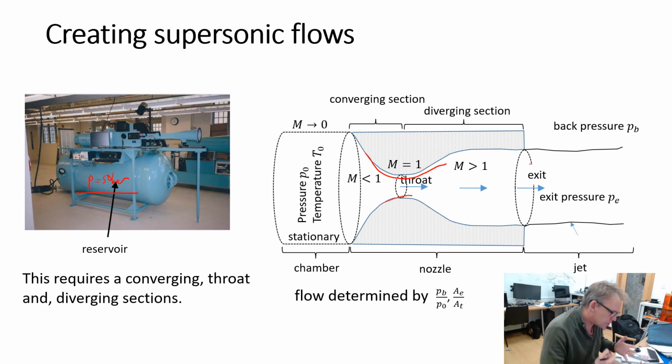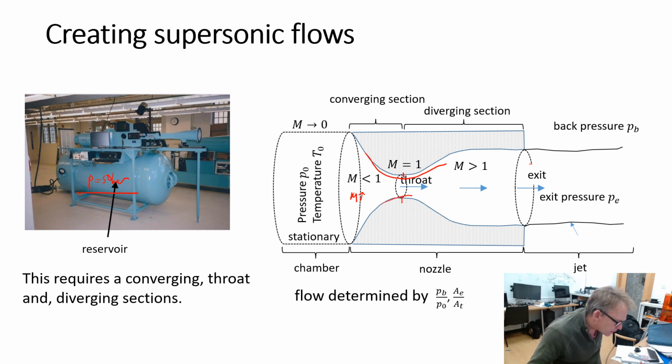But in order to cause it to be supersonic, we need to contract it first in order that the Mach number goes up. You need to contract it sufficiently that it's going to go through a sonic state at the throat, Mach number 1, and then as we expand it, the Mach number increases further.